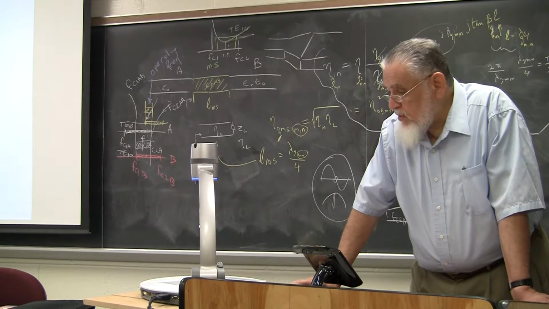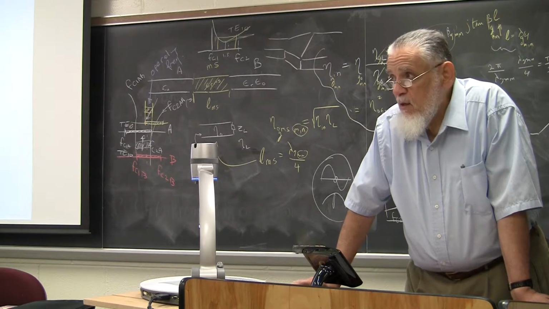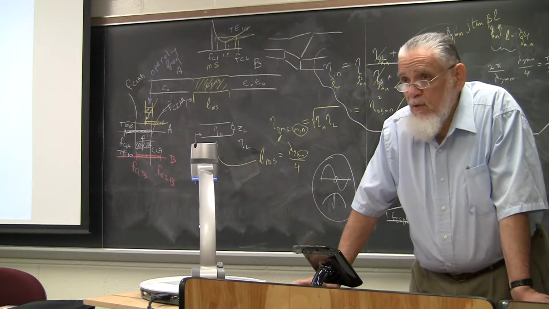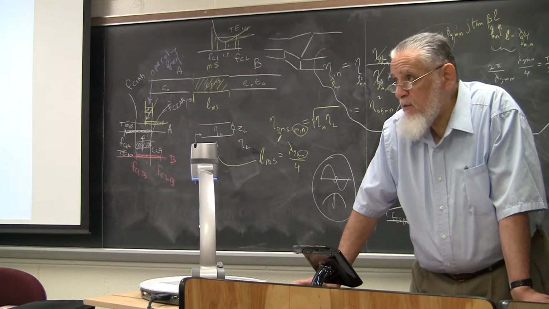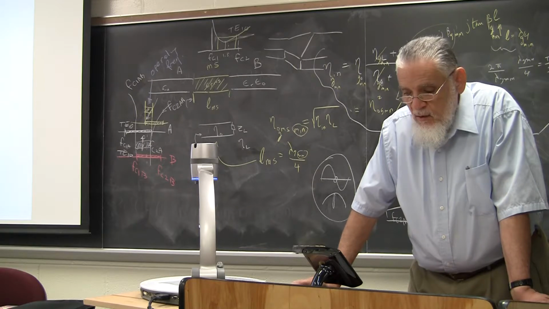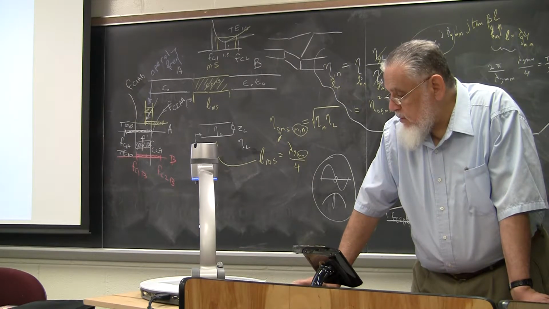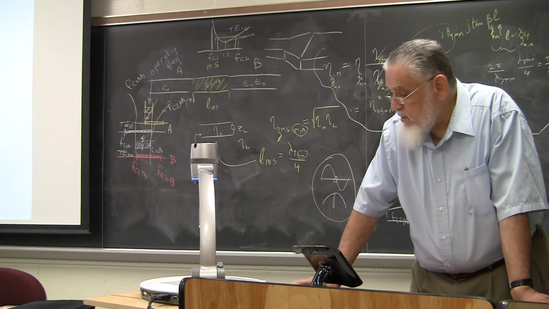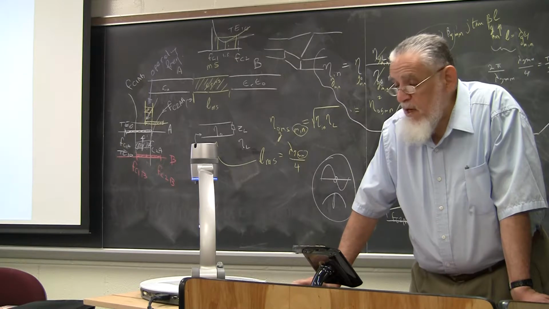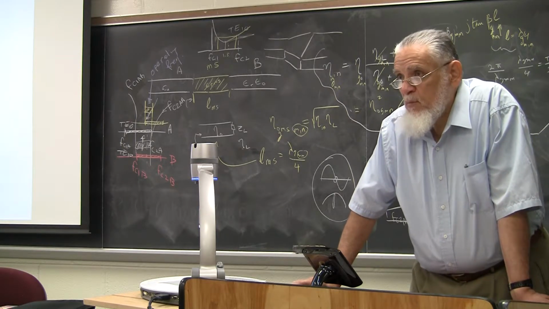So we jump to strip lines and microstrip and planar geometries. Those of you in the lab already have built microstrip lines and did some measurements on them, and have seen some of the equations and used some of the tools. But we want to talk about them in the lecture here, because as you will see, the equations that we have are all sort of empirical. You know what empirical means?